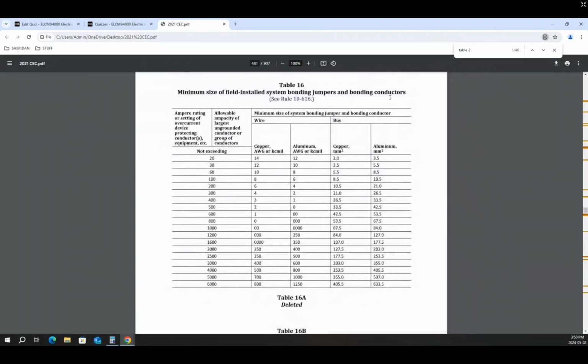Minimum size of bonding jumpers and bonding conductors. Amperage rating or setting of overcurrent device, ampacity of the largest ungrounded conductor or group of conductors.